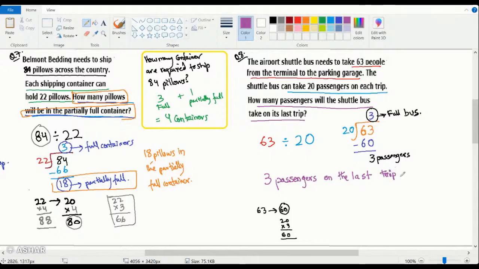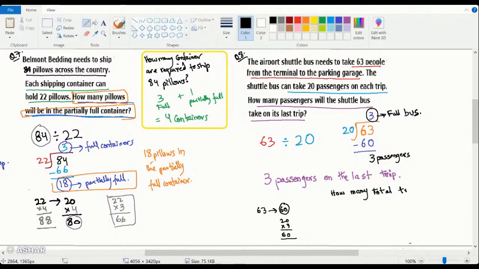If we extend this question and I ask you how many total trips they need to make? So we know that there were 3 trips in which there were 60 people, right?